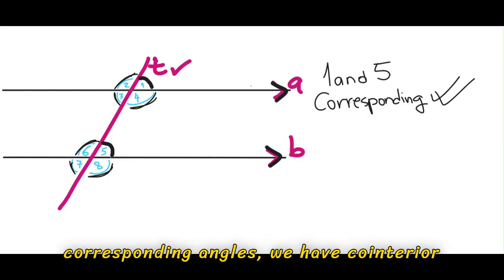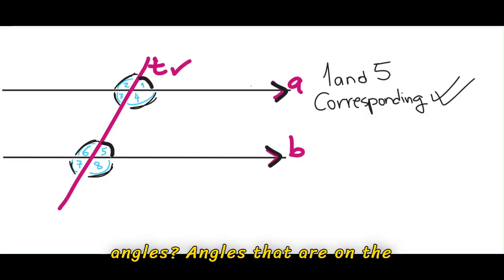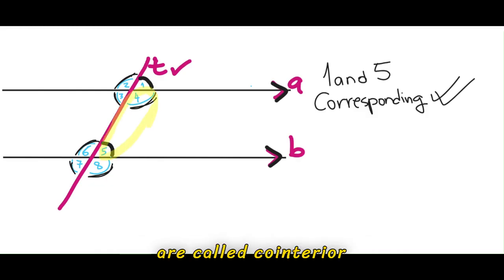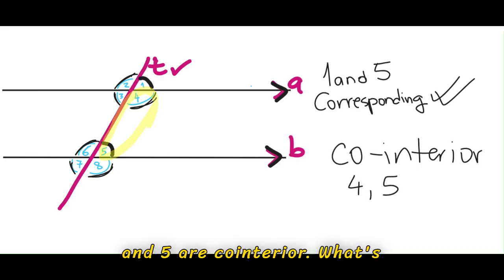Other than corresponding angles, we have cointerior angles. Now, what are cointerior angles? Angles that are on the same side of a transversal are called cointerior angles. So angles 4 and 5 are cointerior. What's interesting about them?